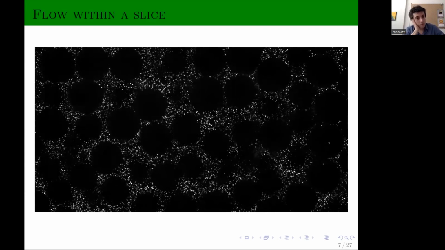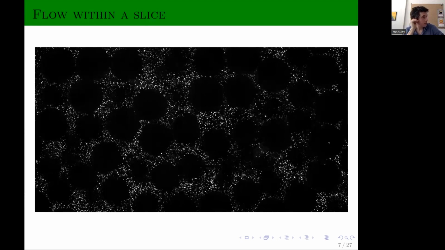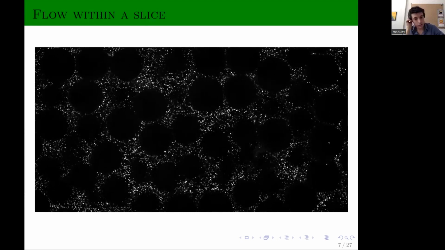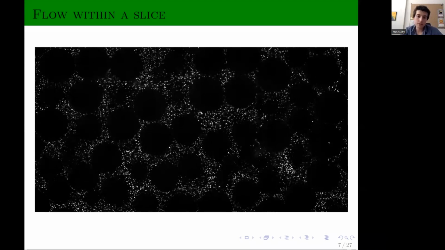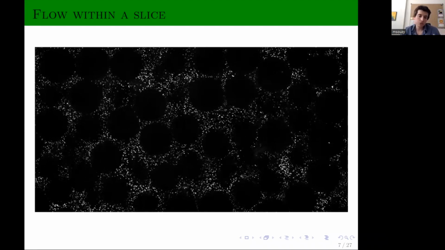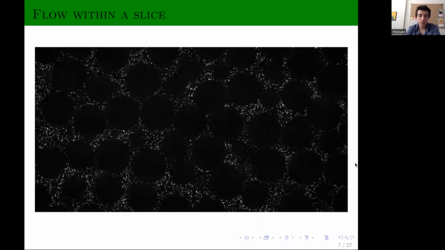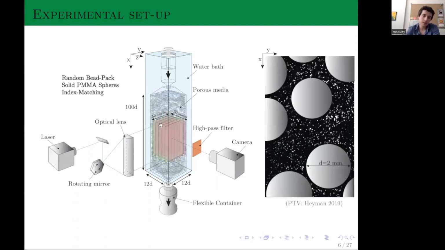When I say in the bulk of the medium, I mean that the volume that we're scanning is always far from the boundary, from the edge. We're always 2.5 diameters away from each edge of the system to avoid boundary effects. And so we typically get these kinds of movies within a slice, and we repeat these experiments by scanning the whole bulk of the medium.